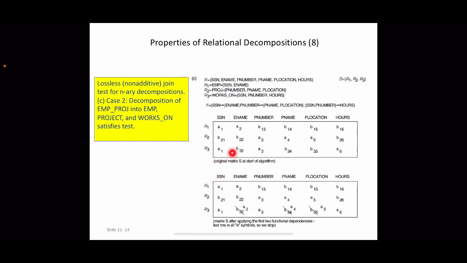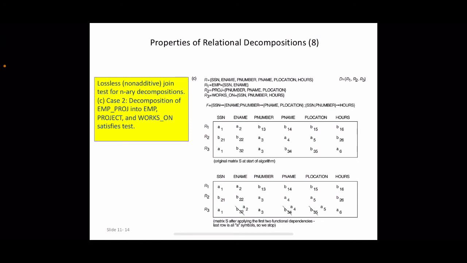Okay, so what do we have to do? We have to take the Y part. Y part is ename, right? Just check the Y part. If any of these rows has the Y part with an A symbol, here R1 has A2 as the Y part, right? So make it the Y value for R3 also. So change B32 into A2. Okay, so that is over.